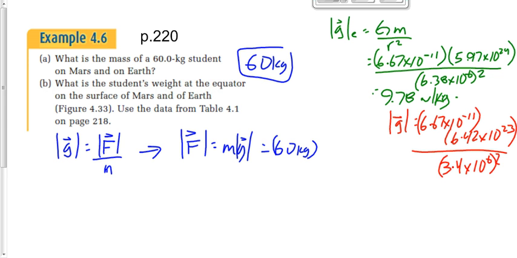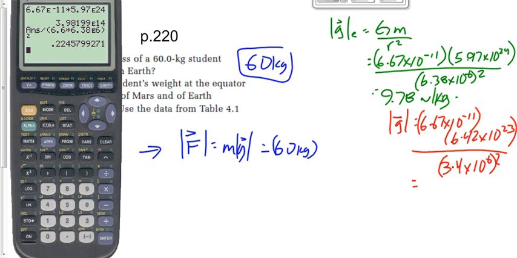Let's figure out what that one is. 3.877.